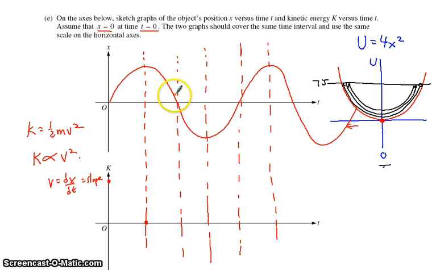So even though this is a negative slope, the velocity is going to get squared, and so we're going to end up with a positive value at the same height as this one over here. This slope is positive, this slope is negative, but when you square them, you end up with the same number. And then this cycle is just going to repeat. 0, same spot here, 0, same spot here, and then I'm just going to connect them smoothly with a sinusoidal function.